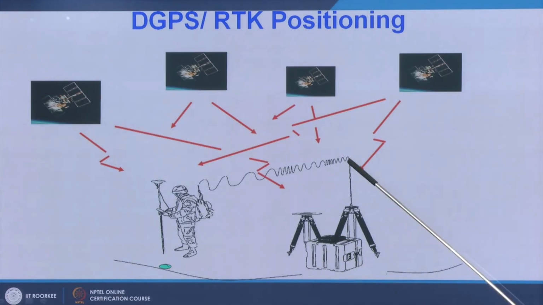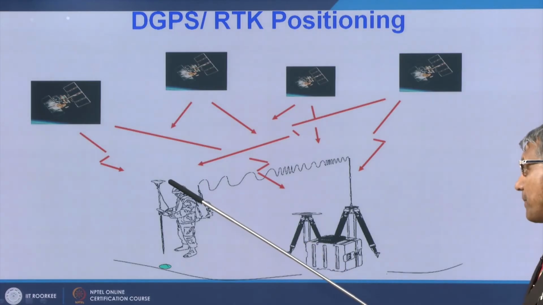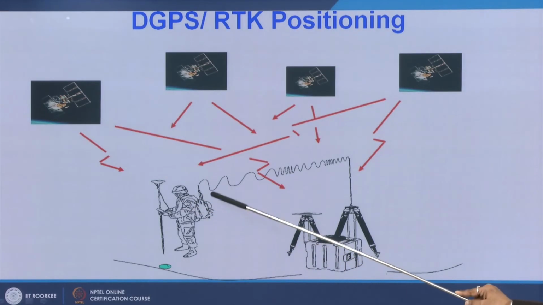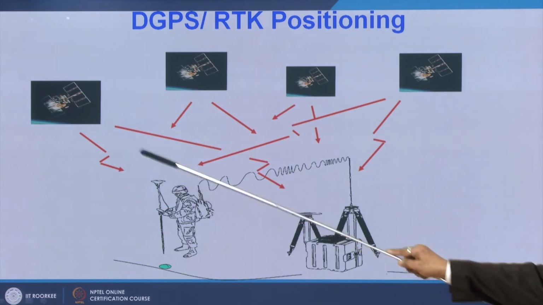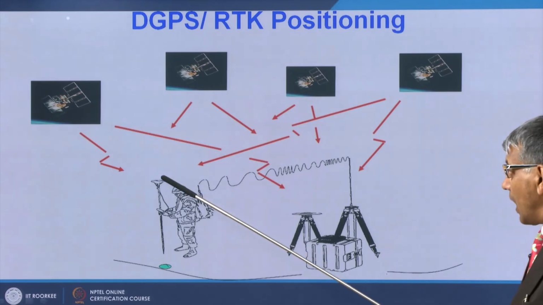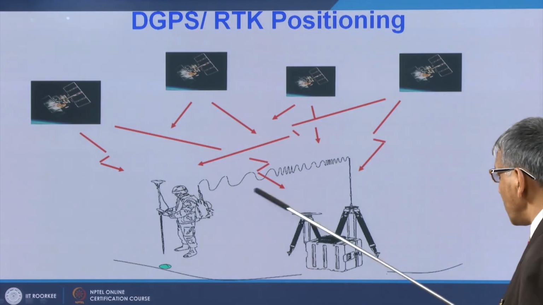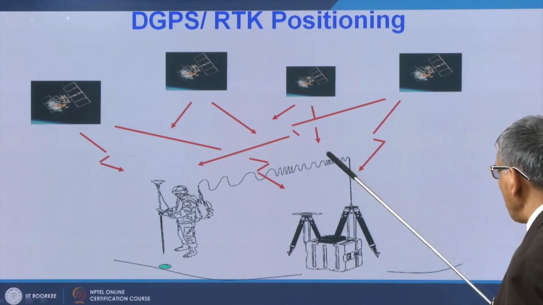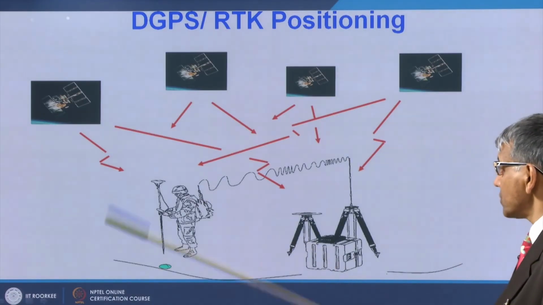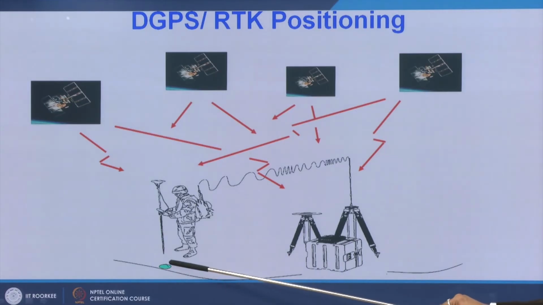It will communicate the error message to this receiver through a radio link, and as soon as the receiver gets the signals and computes its position, it will use the error message during processing, and find out the location of this station in real time.